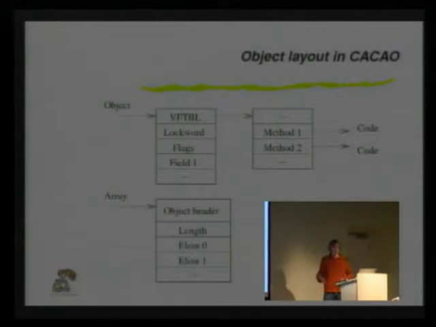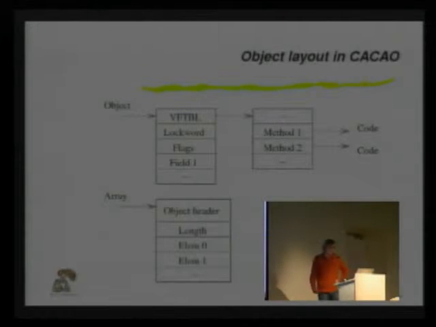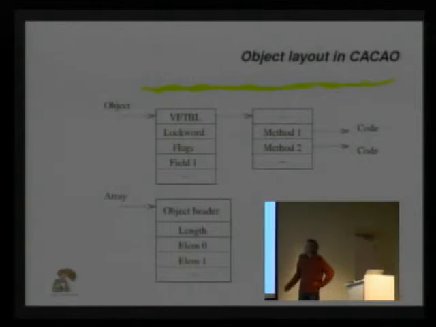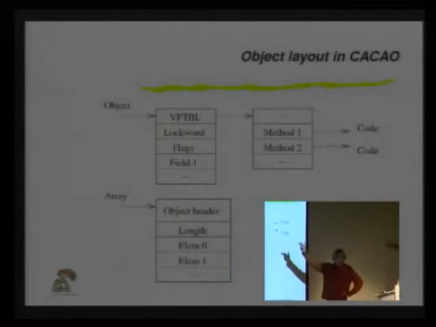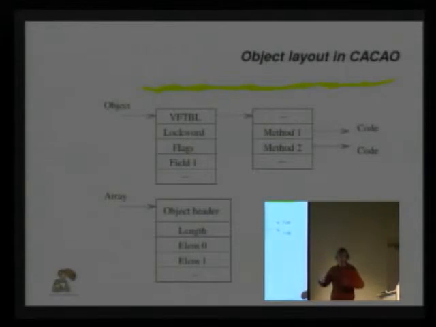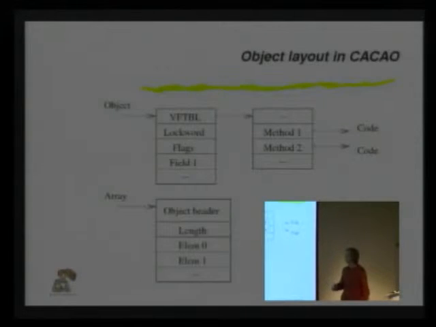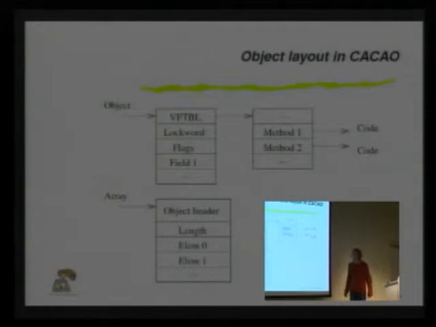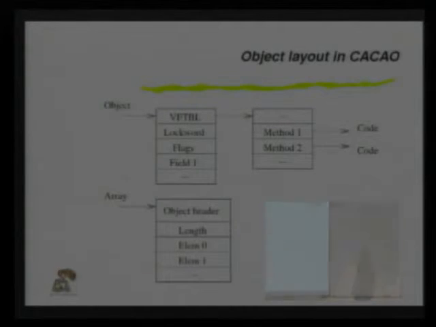If you now call a method in Java, like toString, the code that will be invoked is not determined at compile time, but rather at runtime. And the selection of the code works as follows. If you have the object pointer and invoke, say, object toString, first the virtual function table pointer is loaded from offset 0 of the object pointer.